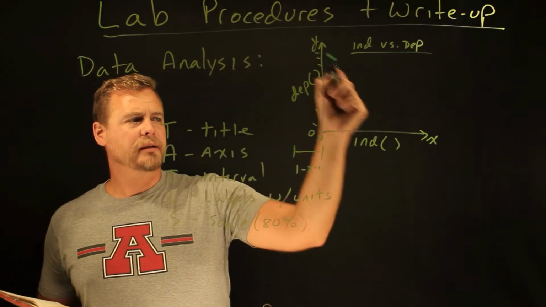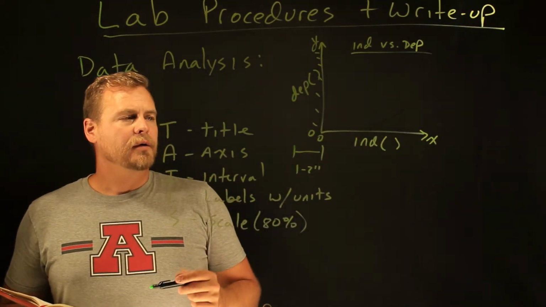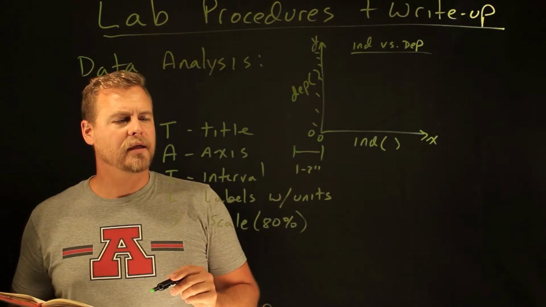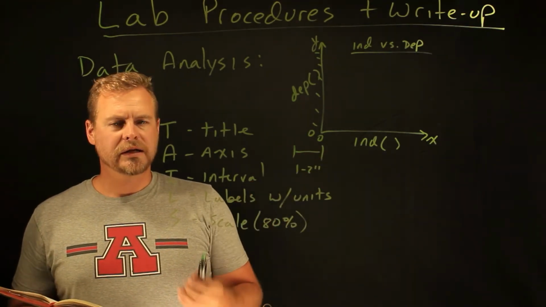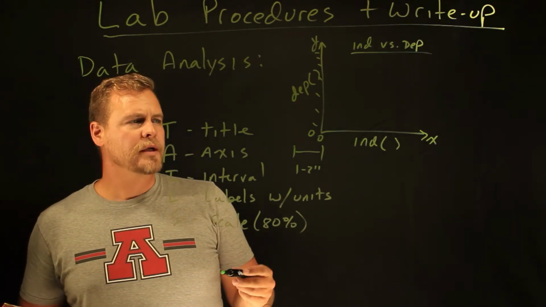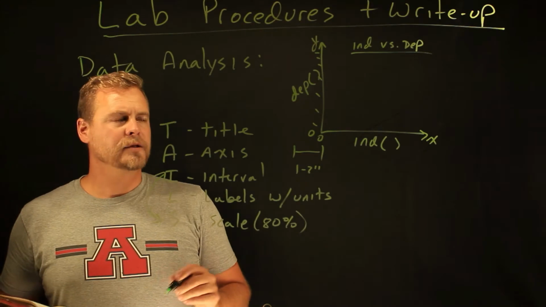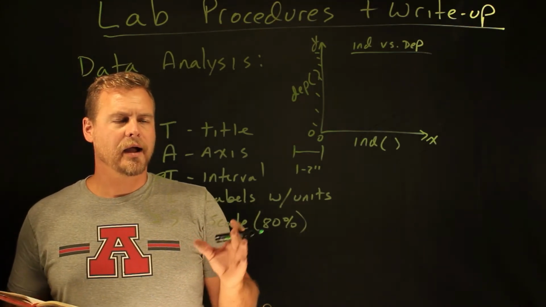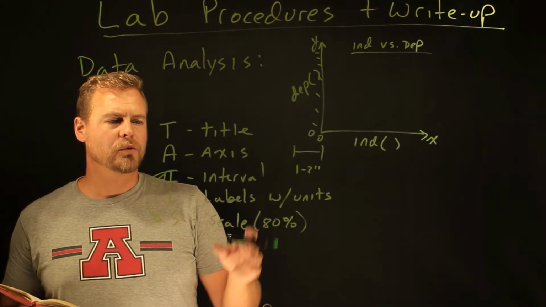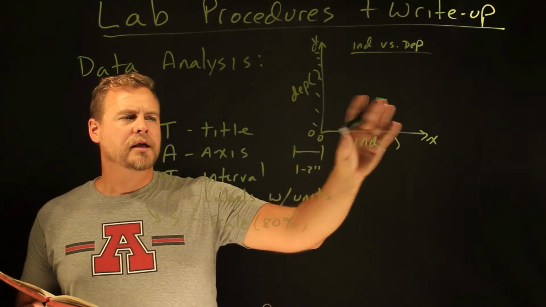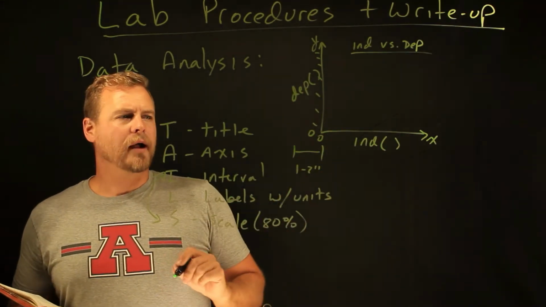You want to make sure you're labeling your axes, that you're starting at 0, and then your intervals need to be the same. The intervals go along with the scale. Depending on how big your data is, you want to choose an interval that lets you display your data using about 80% of the graph.